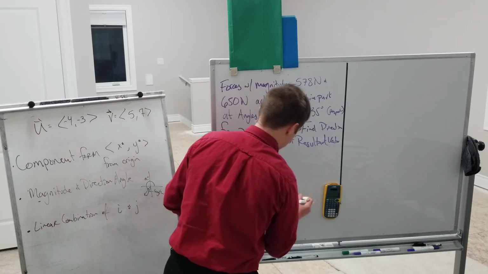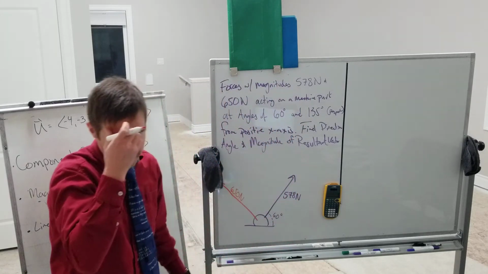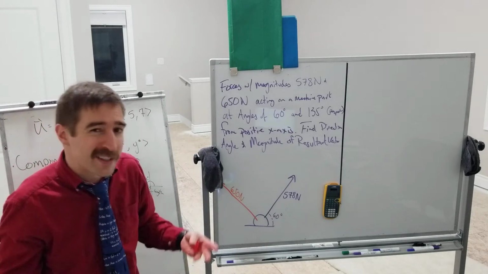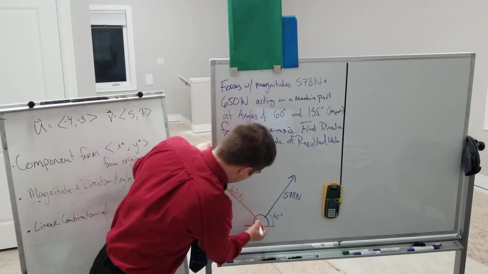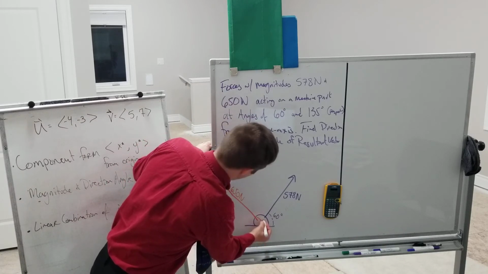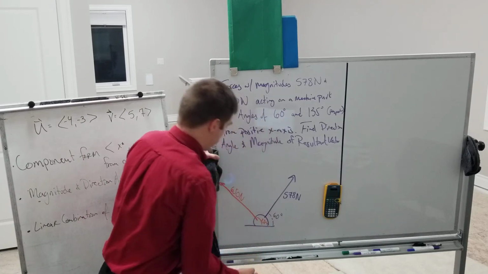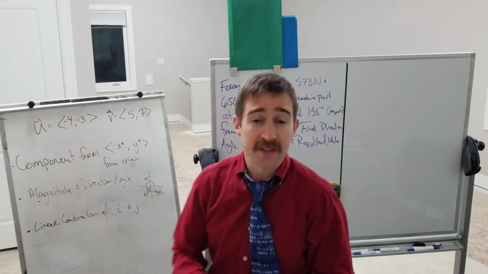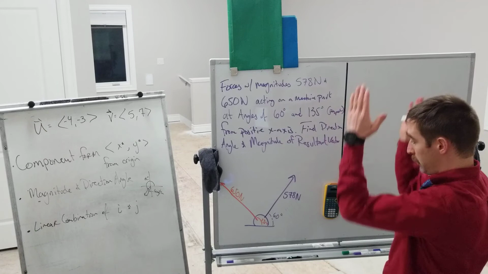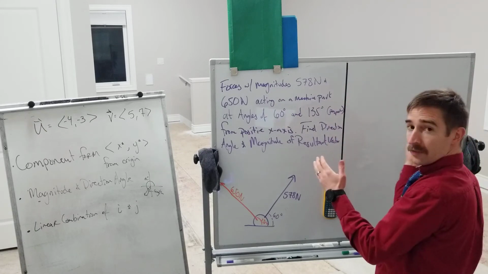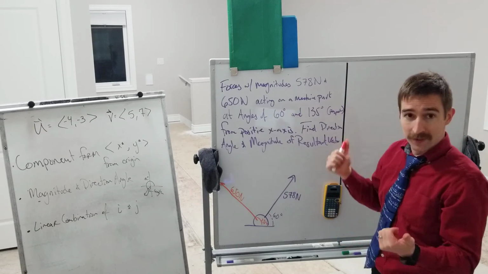Newtons are a measurement of force, kind of like pounds. So 650 here, and the angle is 135 degrees. All right, so you'll notice each force is pulling up. One's going to the right, one's going to the left.